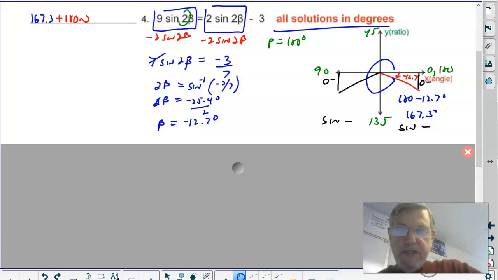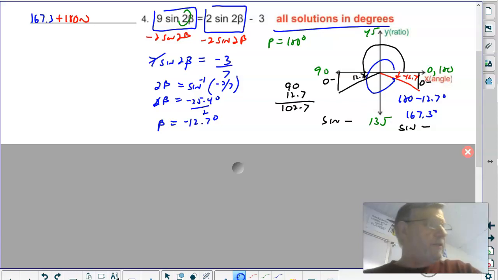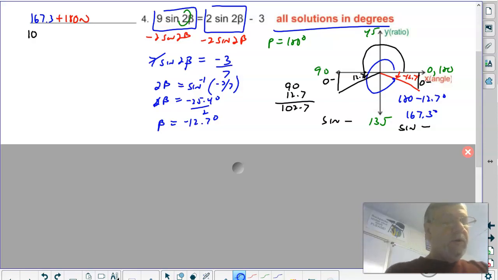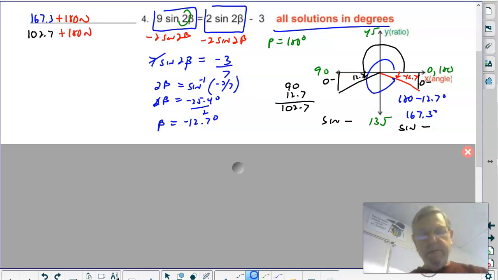So that reference angle of 12.7 is right there. So how much is it, watch, from here all the way to there? So it's the 90 plus the 12.7 for 102.7 is our second value. So 102.7, and once again, to get all values plus 180n, and there's number 4.